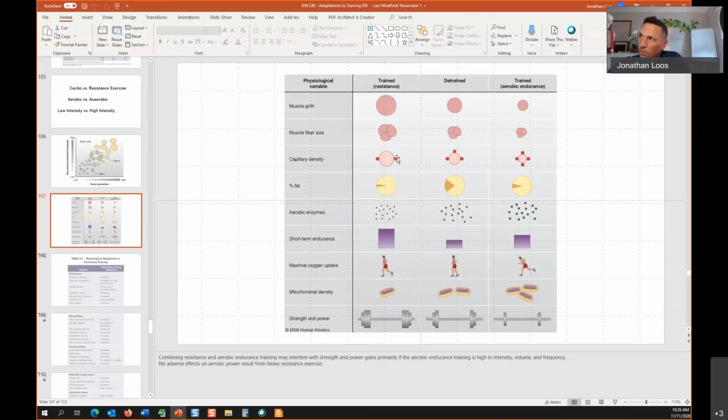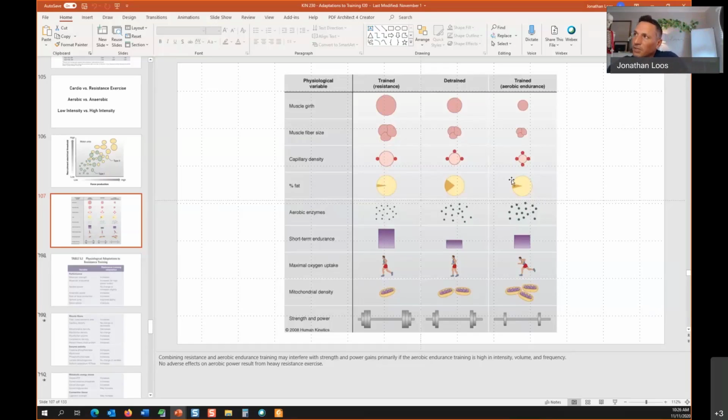The issue is that what is also happening is you're gaining muscle at a rate that is much greater than what the capillaries or mitochondria can develop. So it's basically drowning it out, because there's so much more muscle now that you thin out the density of the capillaries and the mitochondria. But if you were to look at the total number of mitochondria, you actually gain them. It's just that they're shadowed by all the muscle that's gained. So you're not really losing mitochondria, more so you are gaining.